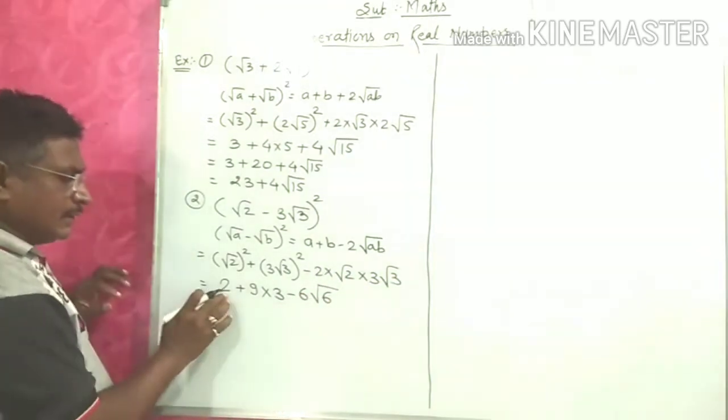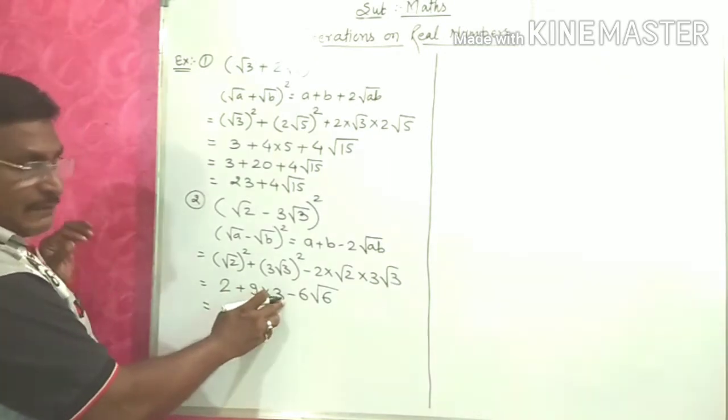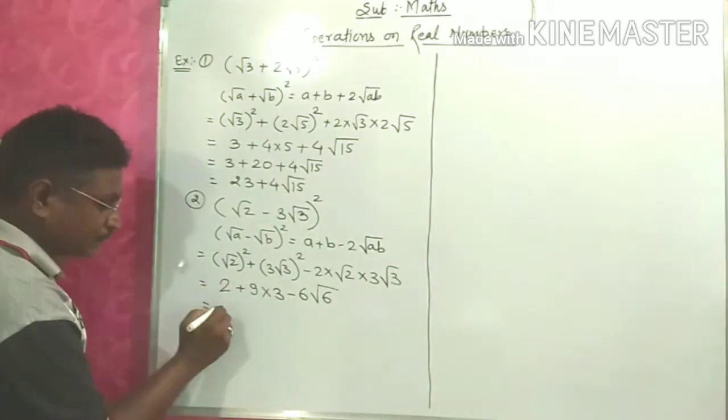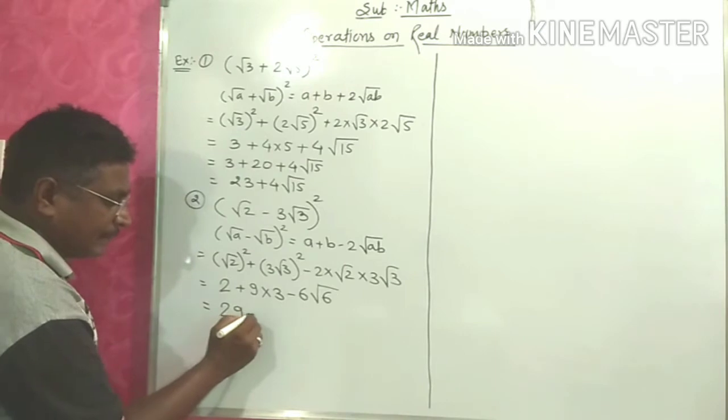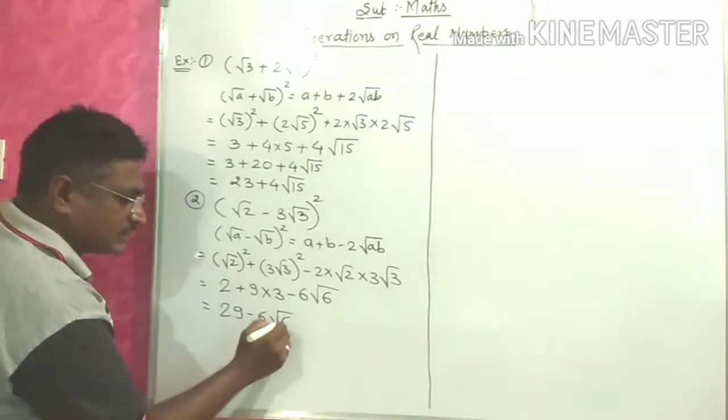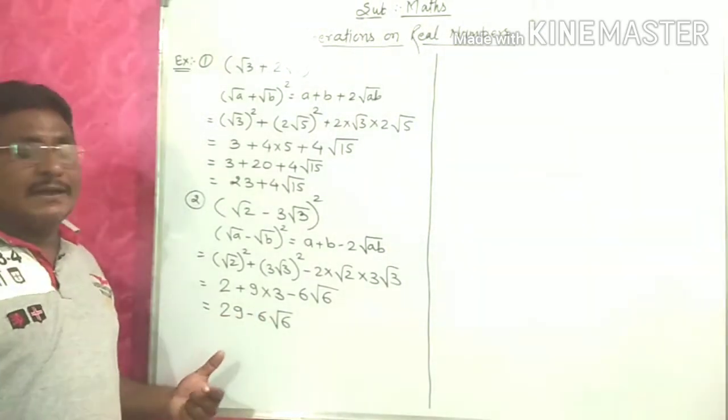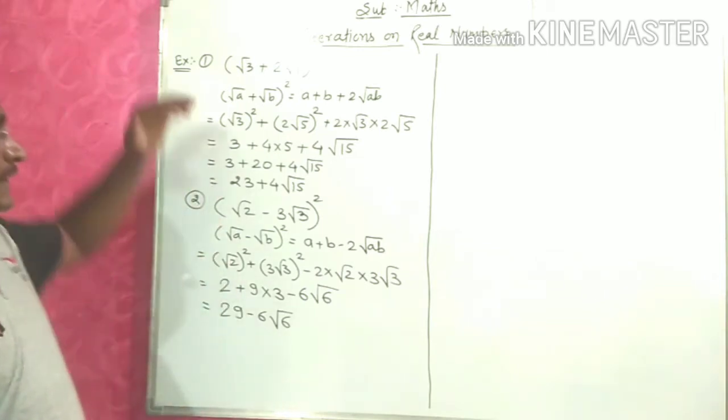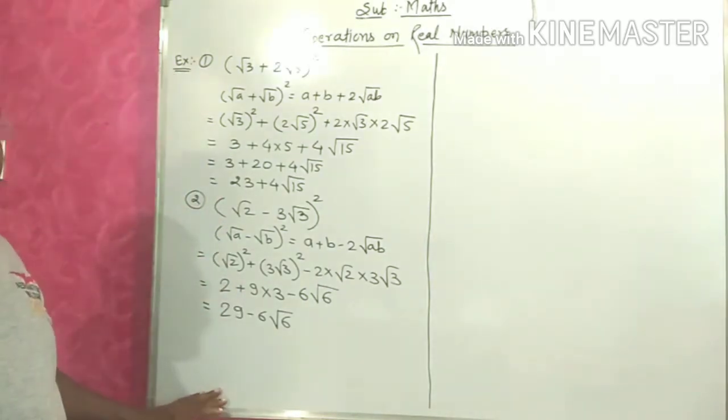So what will we get? 9 threes are 27, 27 plus 2 is 29, minus 6 root 6. So this is the answer. Hope you understand, student, how to use the identity.